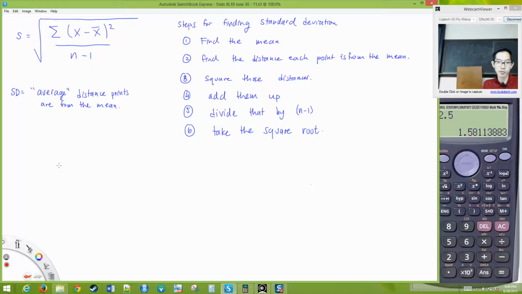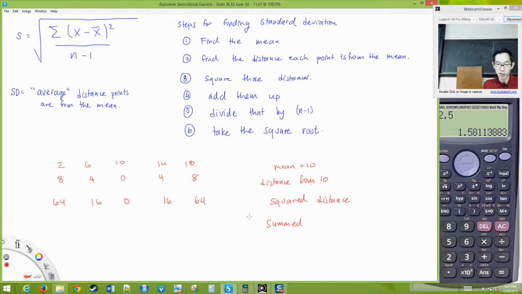So, you know, we had 2, 6, 10, 14, 18. Okay, so the mean is equal to 10. So distance from the mean would be -8, -4, 0, 4, 8, and squared distance: 64, 16, 0, 16, 64.